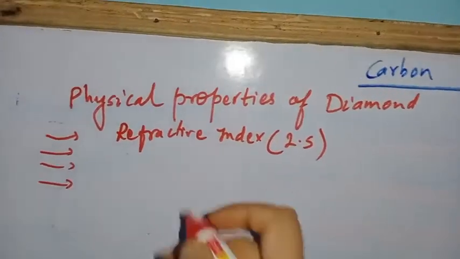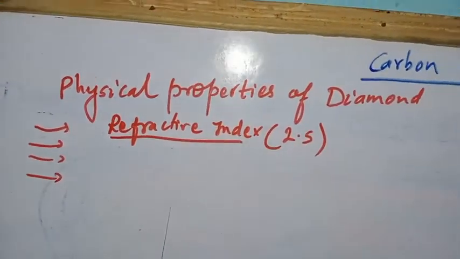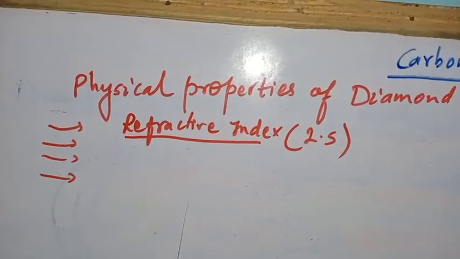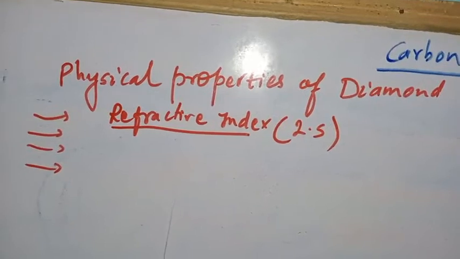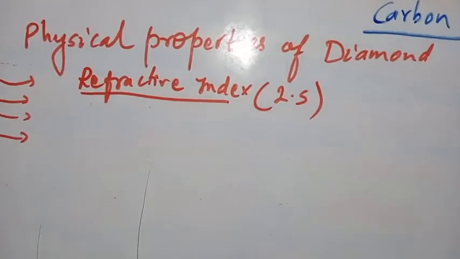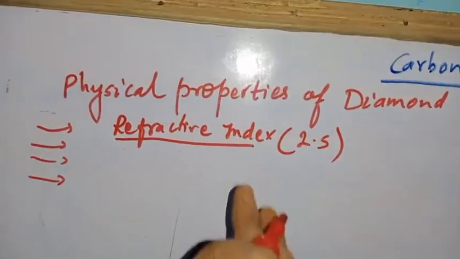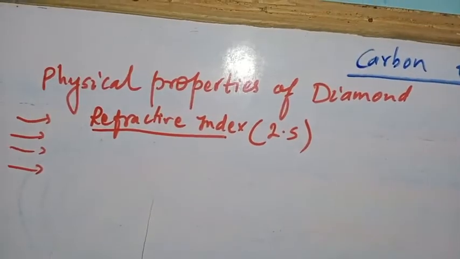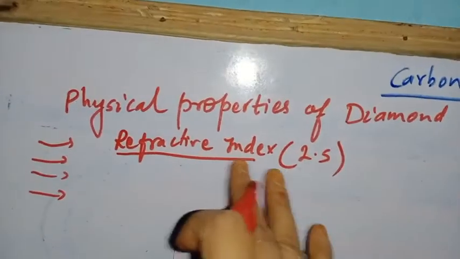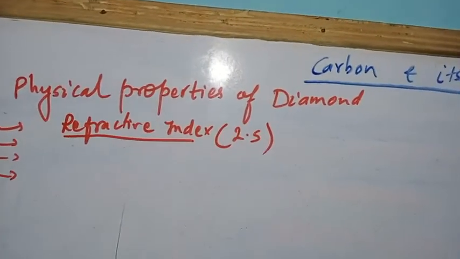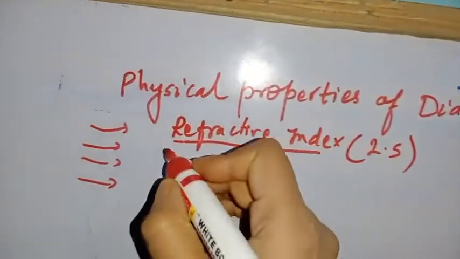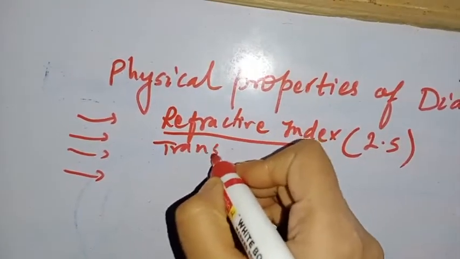You should know the refractive index: it is the ratio of velocity of light in vacuum to its velocity in a specified medium. Since diamond's optical density is higher, its refractive index is also higher, that is 2.5.